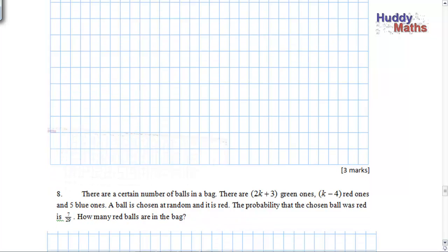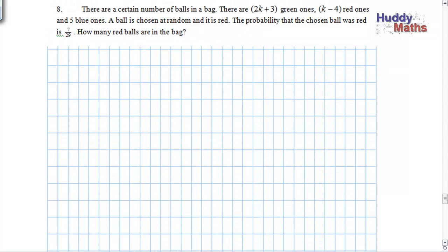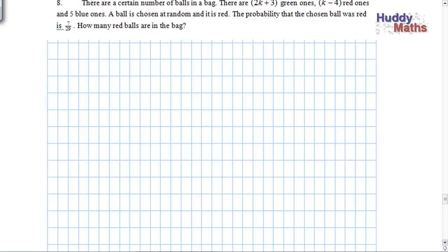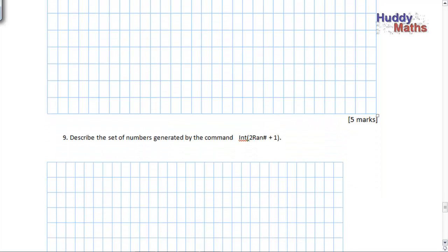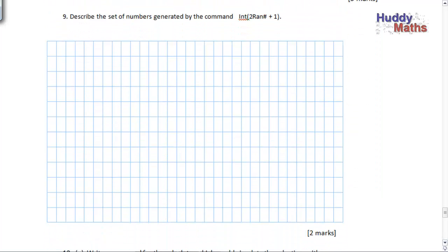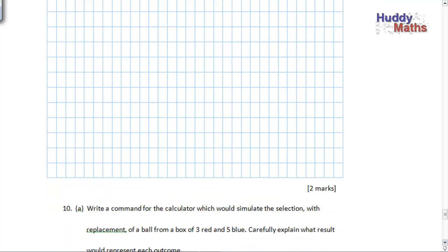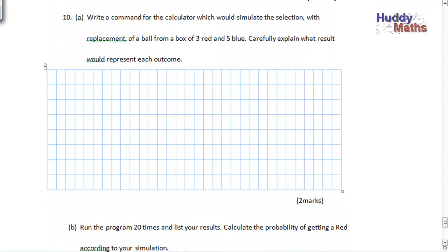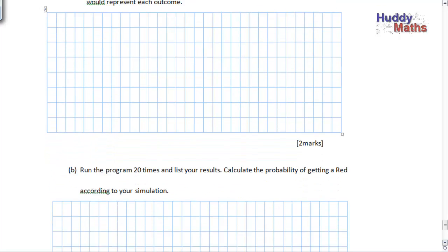And question 8. Question 9. And question 10A. Here's B.